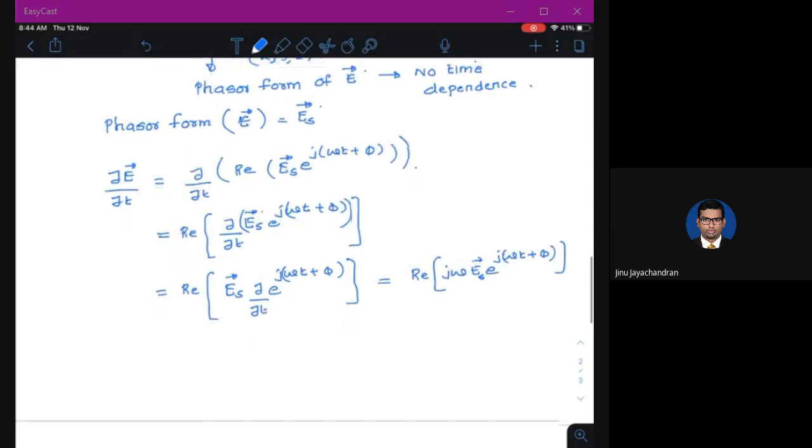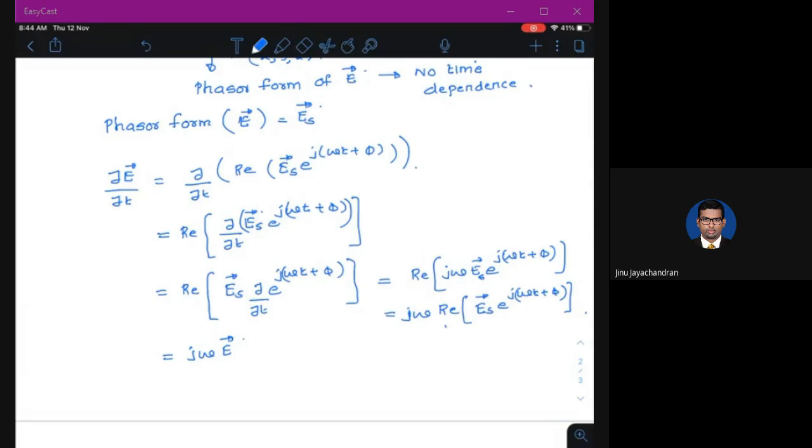So that is equal to j omega into the real part of ES e raised to j of omega t plus phi, because you can take j omega out.